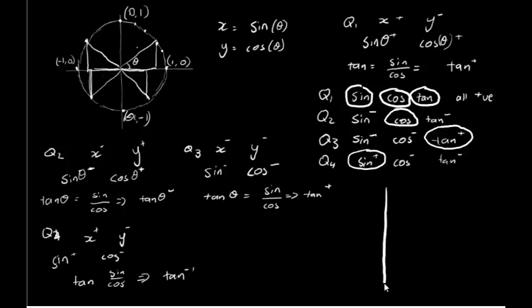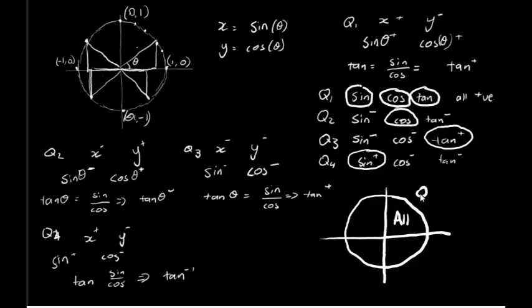So we can now, if we redraw our unit circle, start finding abbreviations. So for Q1, I'm going to say all values for sine, cos, and tan are positive. Whereas for Q2, only sine was positive, so I'm going to put S, or you can write sine. I'm just going to put S, meaning that only sine in this area here is positive.